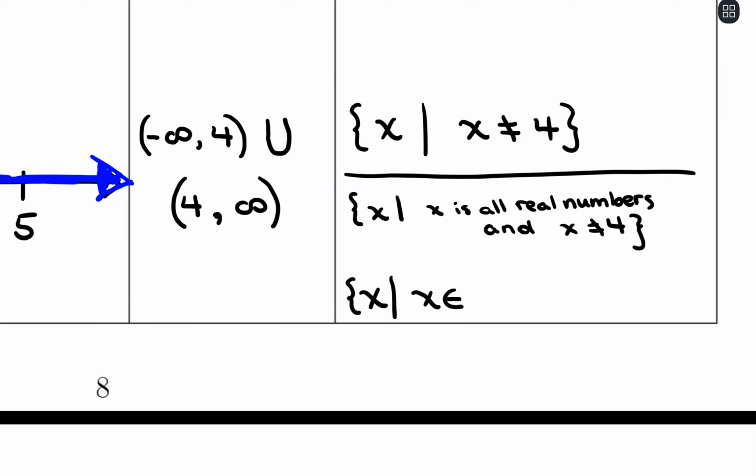And what we're saying is x belongs to, that's what this curvy E symbol means. And then we use this big capital R that has these double lines. This is read as x belongs to all real numbers, or x belongs to the set of real numbers. And then we would just go and x does not equal 4.